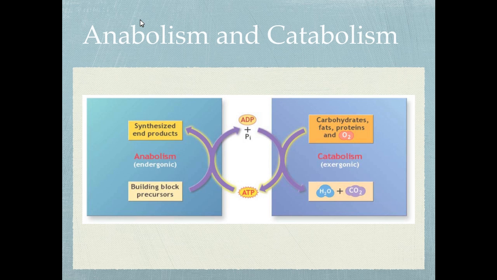Now, there are 2 processes that I want you to be cognizant of, and that is anabolism, which is one of my favorite terms, and catabolism. So anabolism essentially is the building of larger molecules from smaller building blocks, or smaller precursors, right? So if you take several amino acids and you form a protein, that's important. That requires energy.